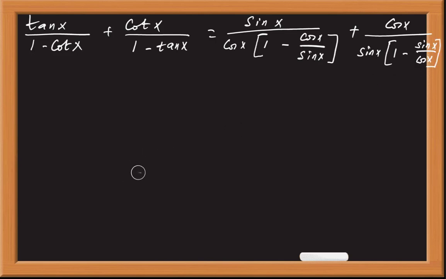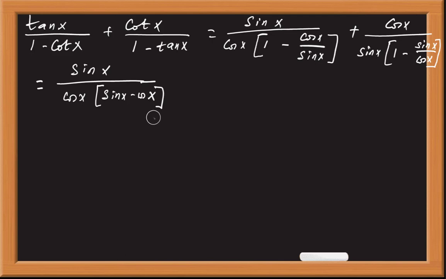So we are going to develop the second side, and first we are going to work on the denominator. What we are getting here is first sine x over cosine x multiplying. Now we have to put this on the same denominator, so sine x minus cosine x all over sine x. The denominator of a denominator is a numerator, so we send that sine x to the numerator, times sine x.